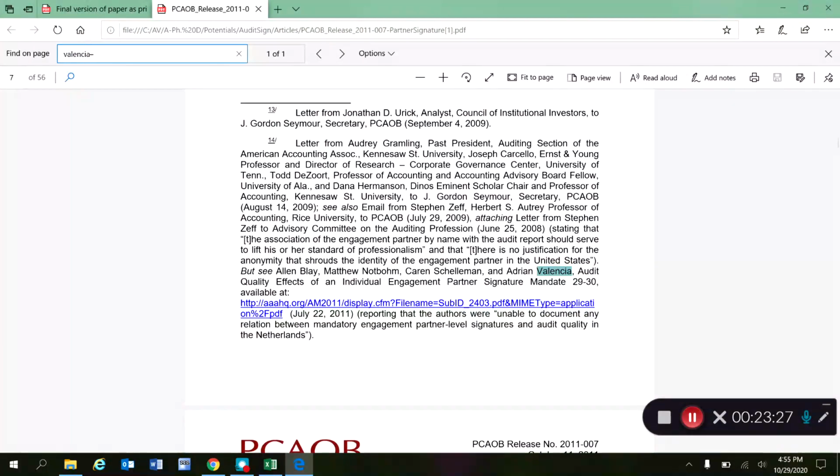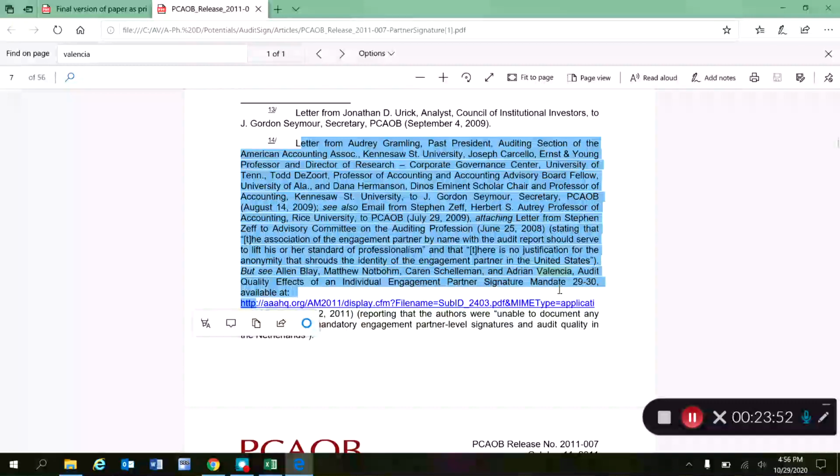So look at this footnote here. This is a footnote on the PCAOB report citing our paper and many other papers. This is what I want to make clear to you guys: this is not only our research, but the research of other individuals, and some anecdotal evidence from certain firms, because everybody provides input here.